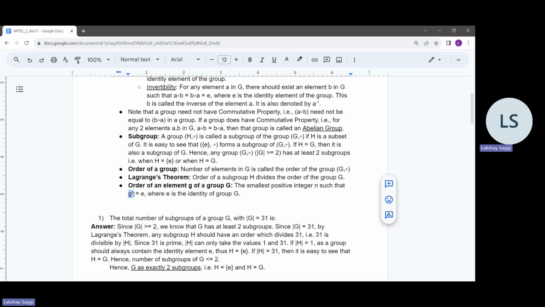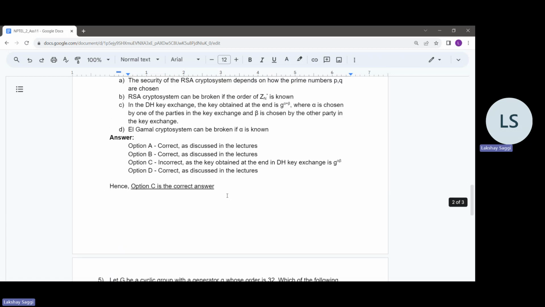The first time we arrive at the element e, where e is the identity, at that moment we call n the order of that element small g. So this is the definition for the order of an element of group G. If we are clear with this definition, then maybe we can proceed with the problem.